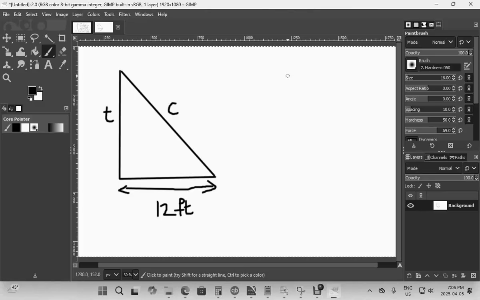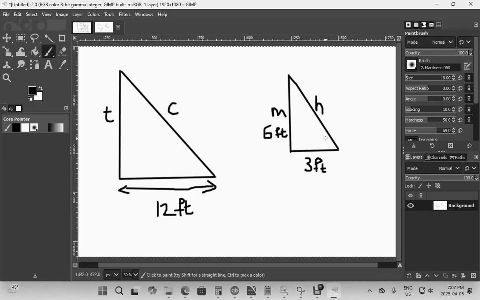So let's say this is a 6-foot man, so M, this is 6 feet, and this will be a 3-foot shadow. So the shadow is 3 feet. This is a 6-foot man, and you're looking at the hypotenuse. So this is H.